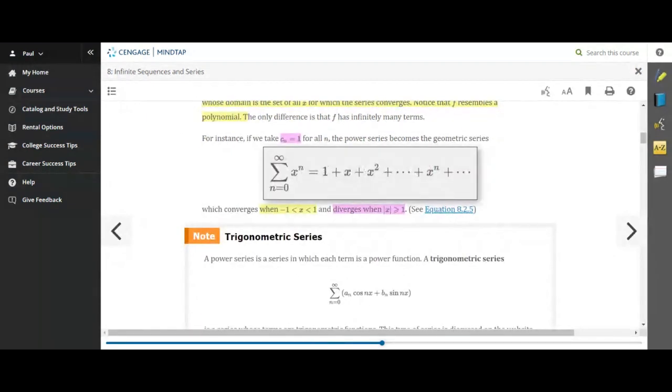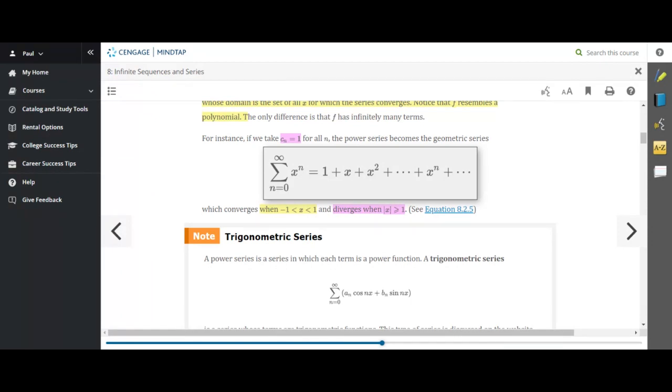You see, if you determine the values of the coefficients, then you have a specific power series. And in this case, with all the coefficients equal to 1, that series would equal 1 plus x plus x squared and so forth.